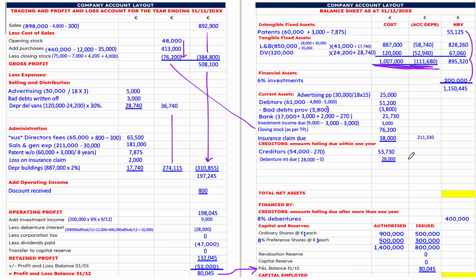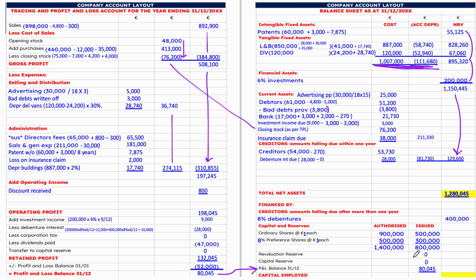Now my creditors, I only have 2 creditors, which is very strange, but I have creditors 53,730 and debenture interest due 28,000. That's added up to 81,730. That gives me a working capital of 129,600, and I add that to my total fixed assets and I get 1,280,045.